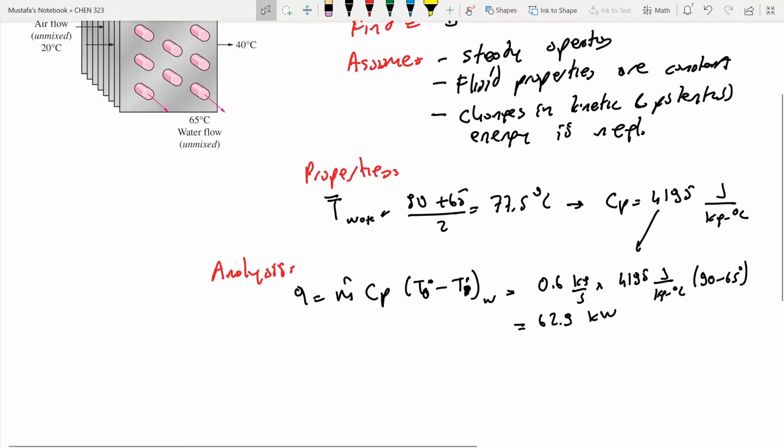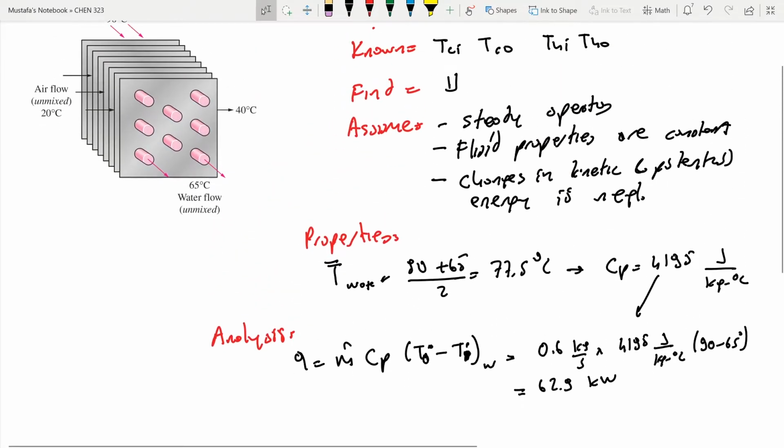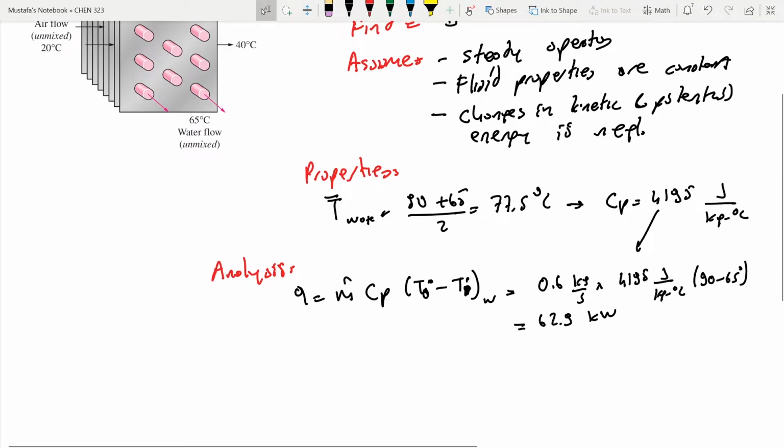So this is Q. And what is the surface area of the heat exchanger?